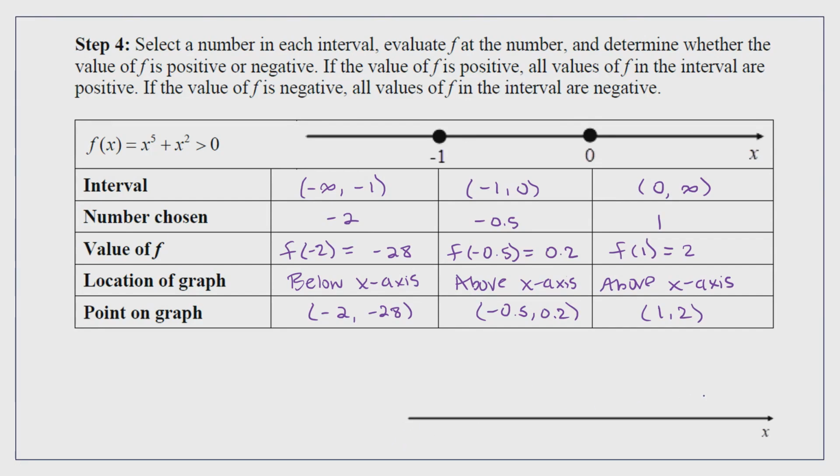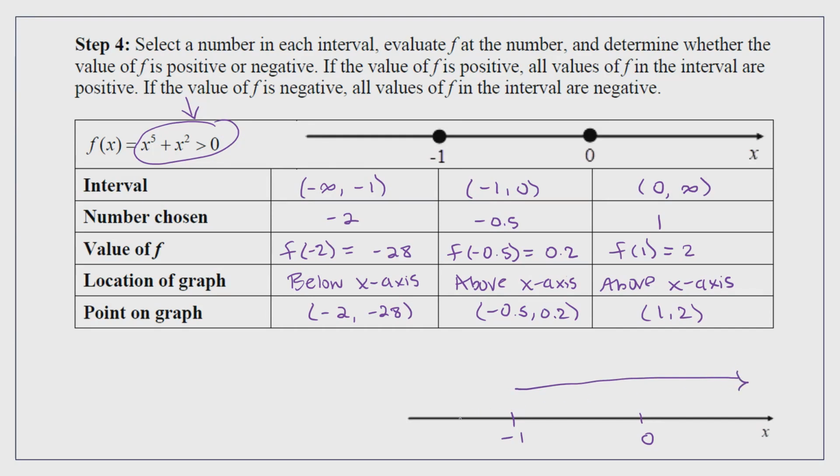So on our x-axis here, let's plot our zeros. That's negative 1 and 0. And we are looking at a polynomial that needs to be greater than 0. So our solutions are going to be from negative 1 to infinity.